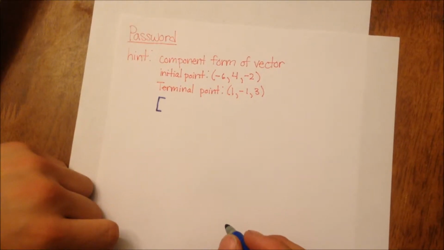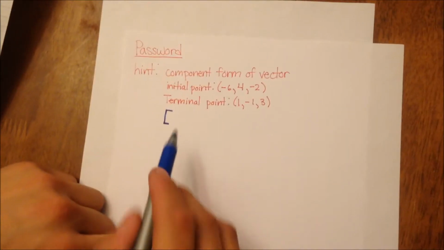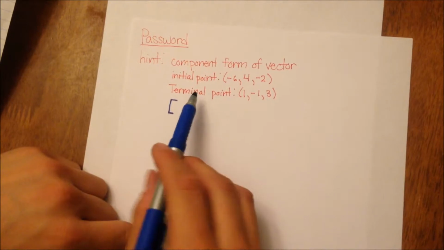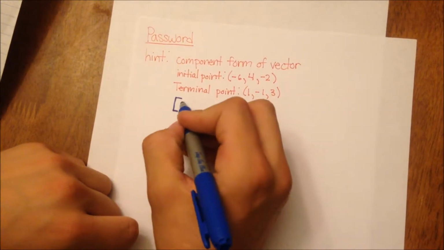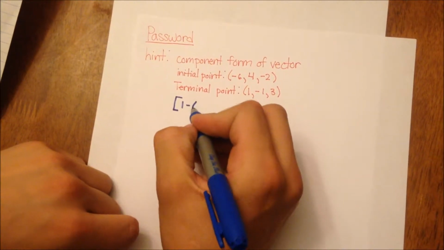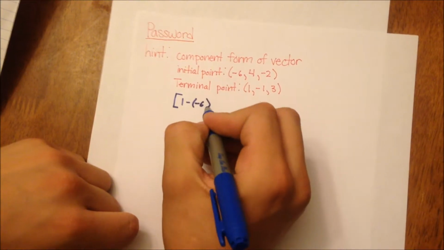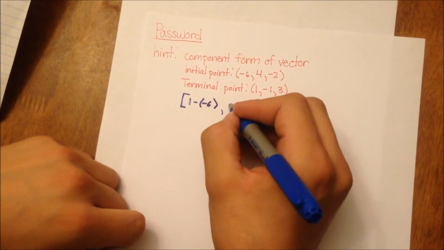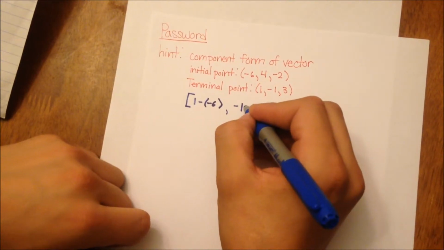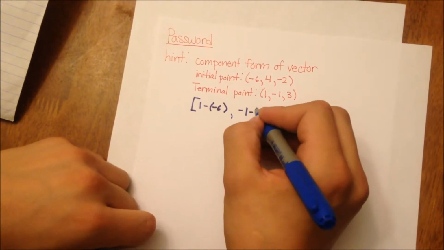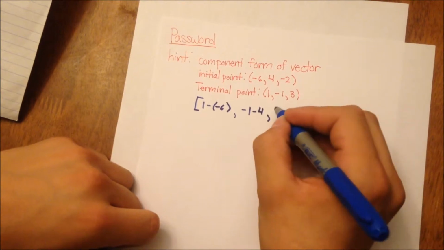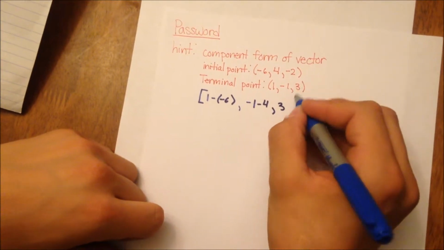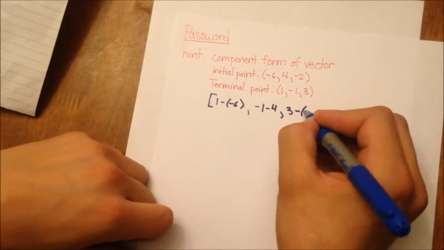To find the component form of the vector, you're going to subtract your initial point from your terminal point. So you'll start off with your 1 minus a negative 6, and then you'll go over to your negative 1 minus 4, and then you'll do your 3 minus your negative 2.